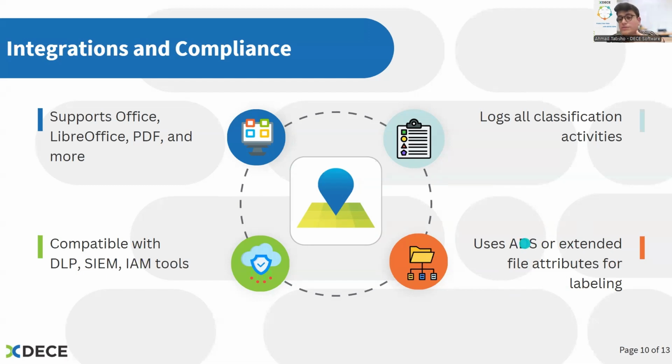And everything is logged directly on the server side, so you will be able to follow each classification that has been made inside your company directly on the server side.